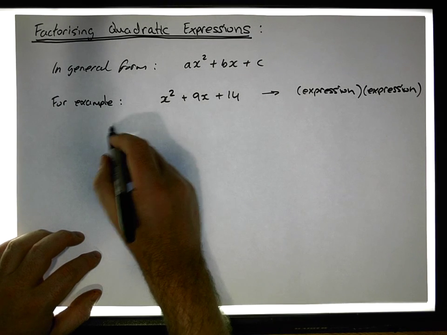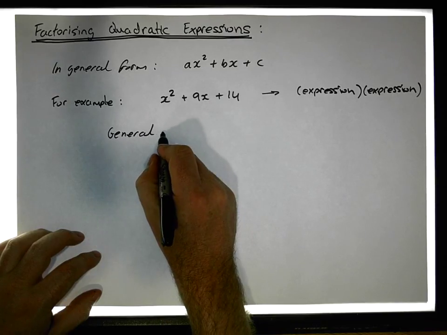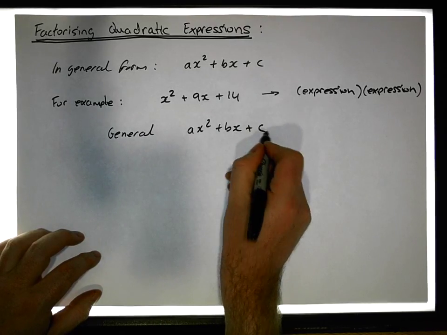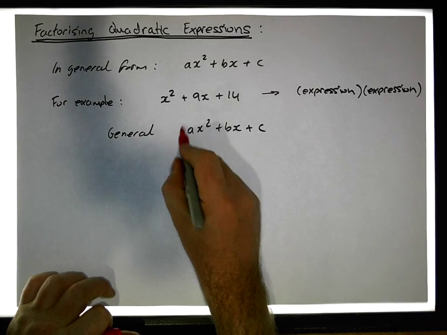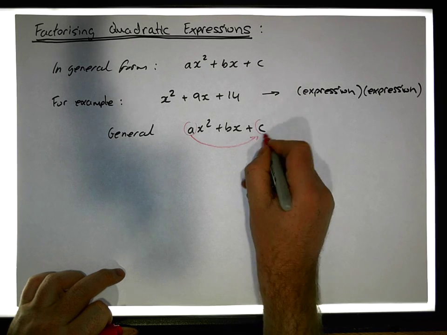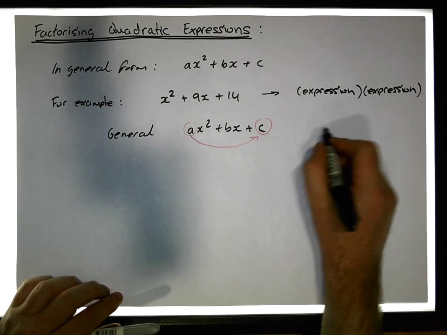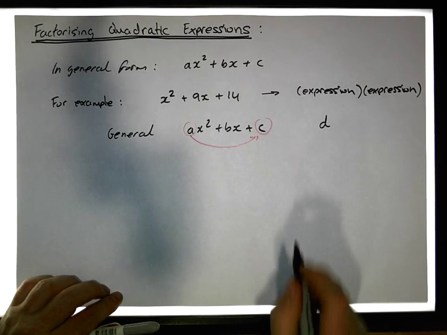Let's look at it from a general perspective. We have ax squared plus bx plus c. The first thing that we do is take the a value and multiply it by the c value to give us a new number. Let's say a times c gives us a new number d.